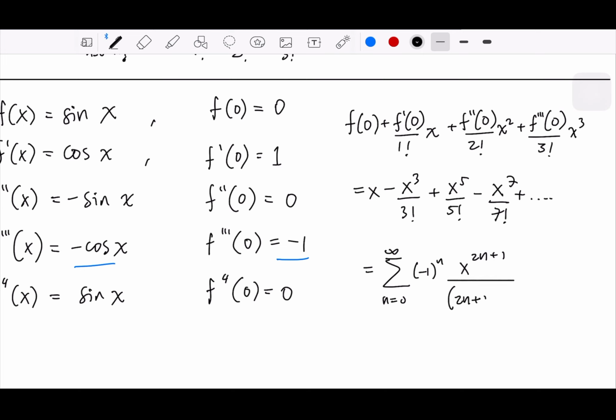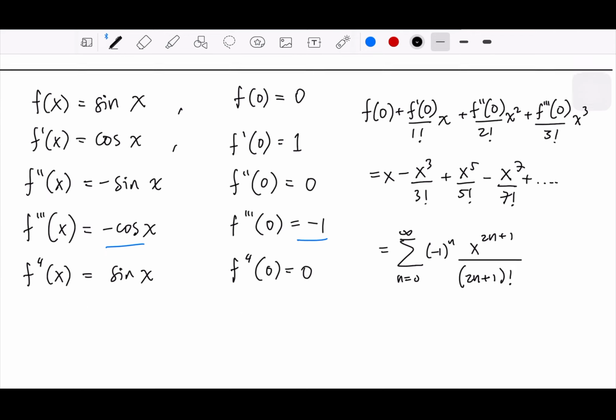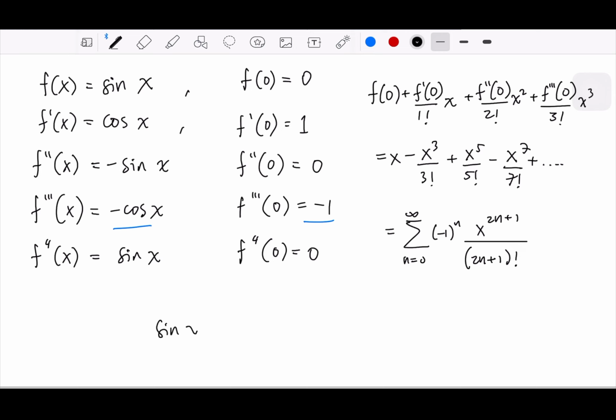And this becomes 2n plus 1 factorial. So sine x will be equal to this series for all x.